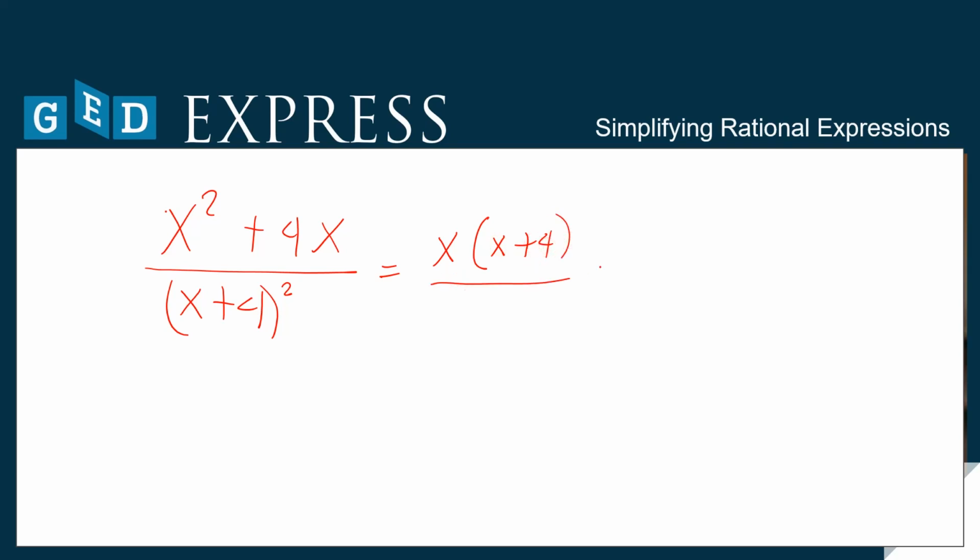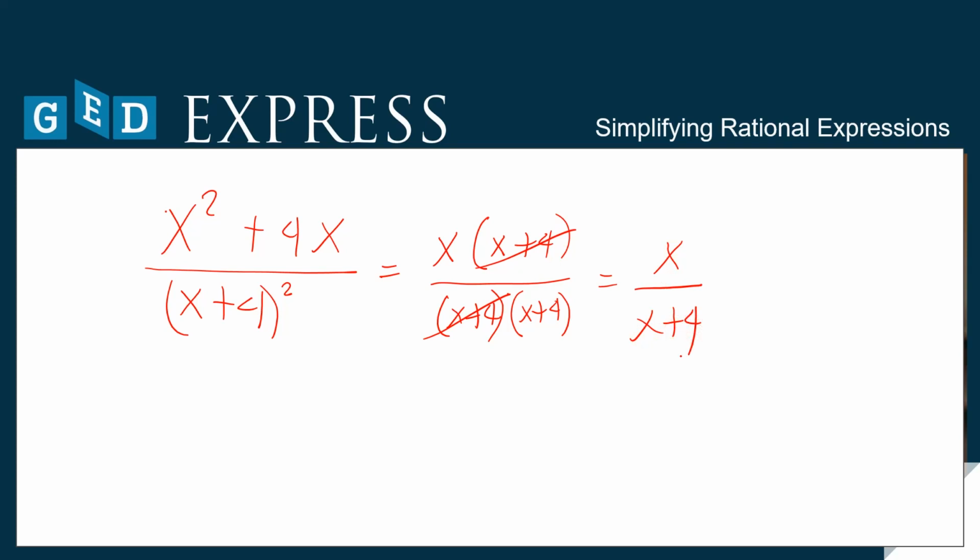Then let us expand the denominator, rewriting it by expanding the exponent. So we have x plus 4 times x plus 4, and canceling out the factor shared by the numerator and denominator, x plus 4, the simplified answer is x over x plus 4.